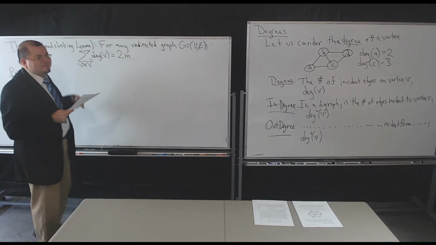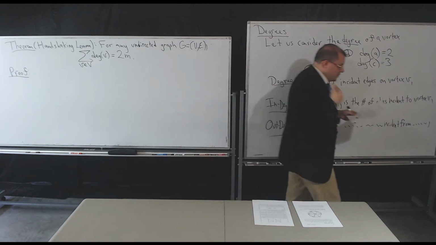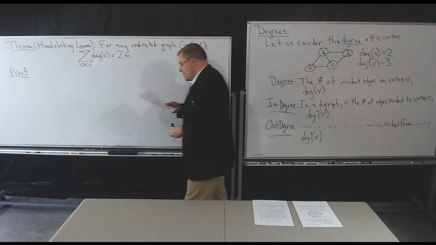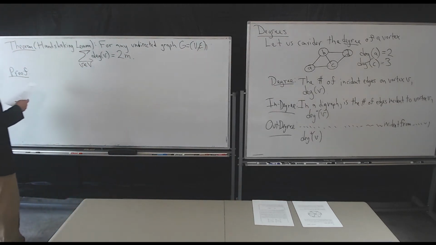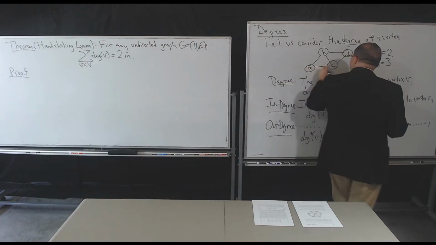What's the degree? It is the number of edges incident on a vertex, right? Now think back to my reporting of a handshake versus the true handshake. When my friend here, say this is me, and these are my friends.